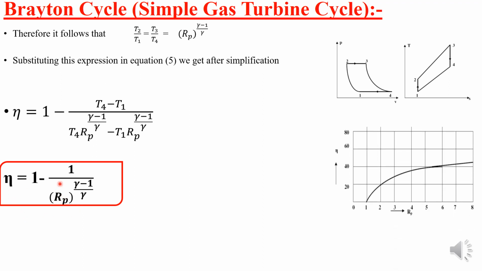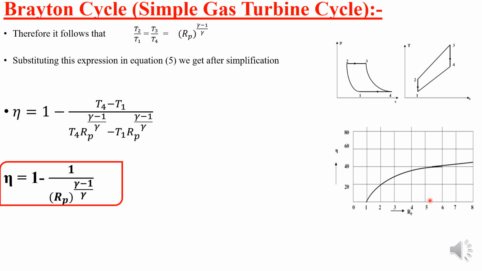Understood? So if you keep on increasing the Rp value, what will happen to this entire term? Because it is in the denominator, 1 by denominator will reduce. So this part is reduced, which means efficiency is going to increase. So as Rp value increases, the efficiency keeps on increasing up to a certain limit.